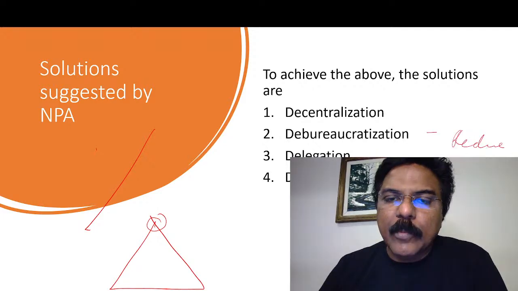And democratize. Let people have their choice. Why should you have one bureaucracy who will provide all the goods and services when you're not doing it with efficiency? When you're creating problems for them, their expectations are belied. Why should you have that kind of bureaucracy? That's why they're saying democratizing. So when you come to public choice approach, one of the approaches is democratic administration.